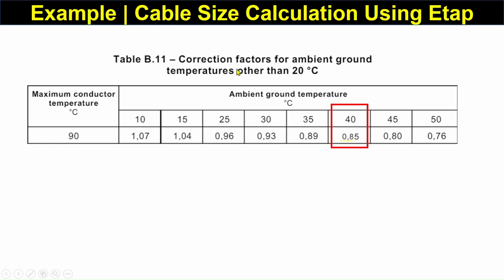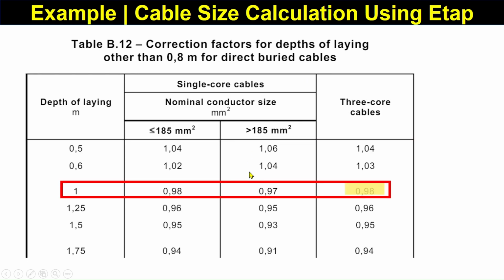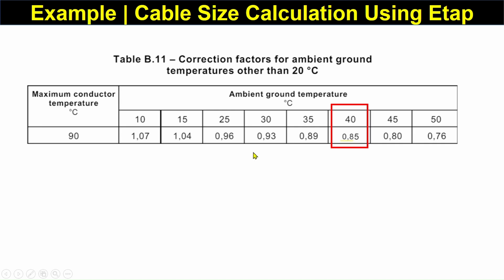First of all, we see the correction factor for ambient temperature other than 20 degrees Celsius. Here the correction factors are mentioned, and we have taken an ambient temperature of 40 degrees Celsius. For 40 degrees Celsius, the correction factor is 0.85.